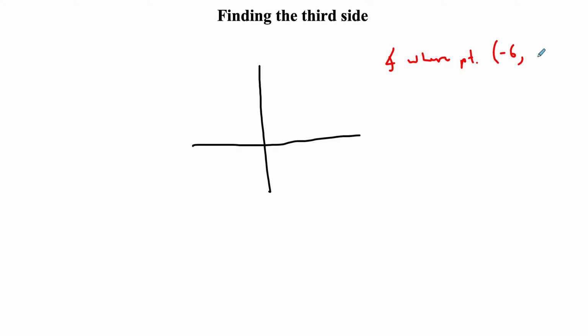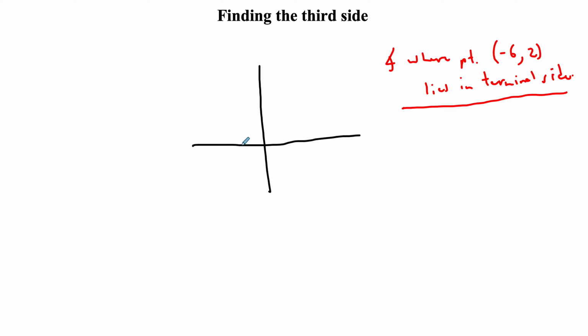Now, finding the third side. I've already basically told you how to do this, but if you are given an angle where the point, let's say negative 6, 2, lies in the terminal side, then you can do things like find the sine, cosine, tangent.